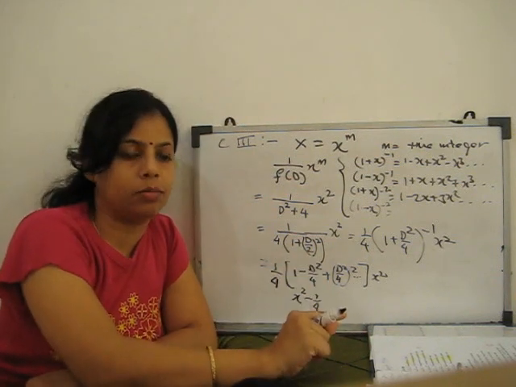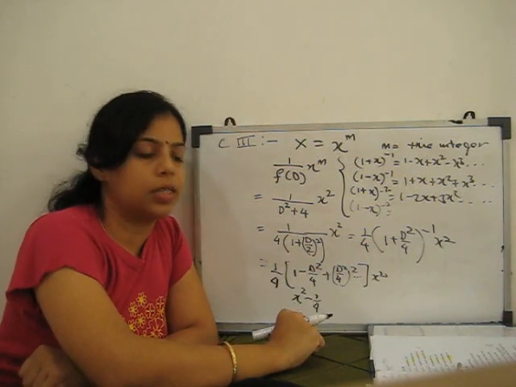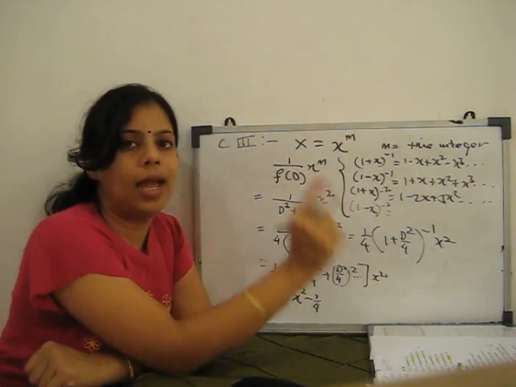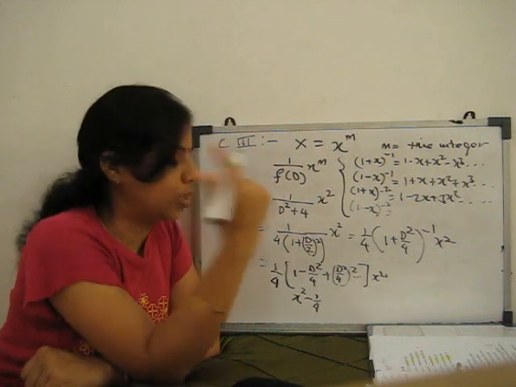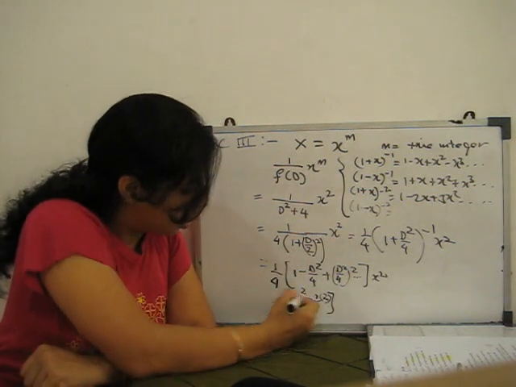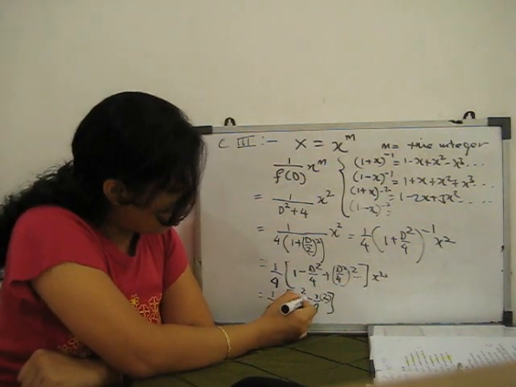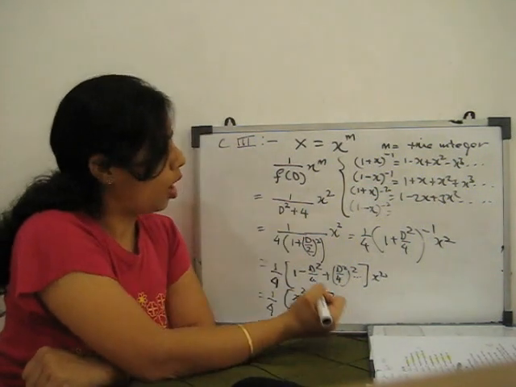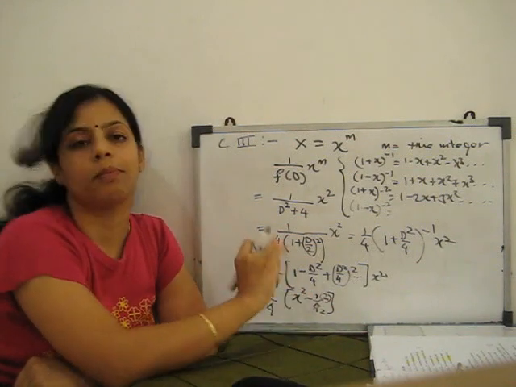D square means differentiate this function two times. When we differentiate one time, d by dx of x square is 2x, and one more time d by dx of 2x gives only 2. So this function gives 1 by 4 x square minus 2 by 4. 2 by 4 means 1 by 2. So our particular integral is 1 by 4 x square minus 1 by 2.